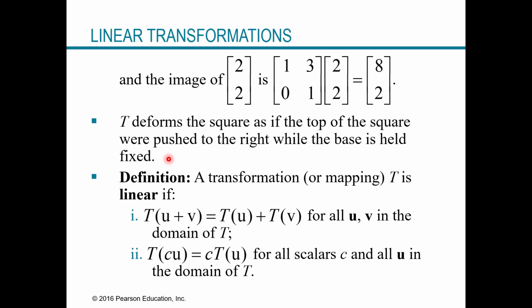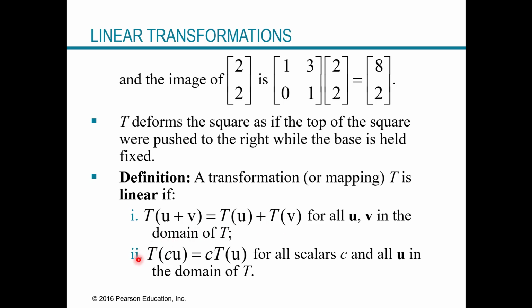All right, so now what we're going to be talking about for the rest of this section is linear transformations. And so for a transformation to be called linear, both of these two things have to be true. Okay, so we've talked a lot about transformations. You now know what that is. But now we're saying a transformation is classified as linear if, when you transform U plus V, you get the same result as if you did the transformation of U and the transformation of V, and then you added those results.